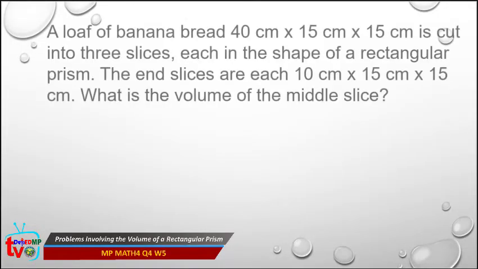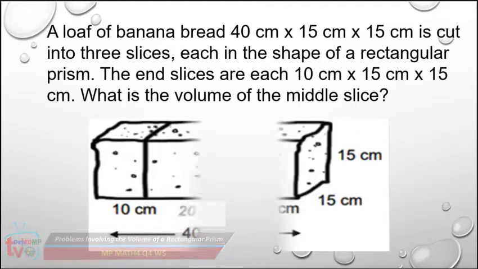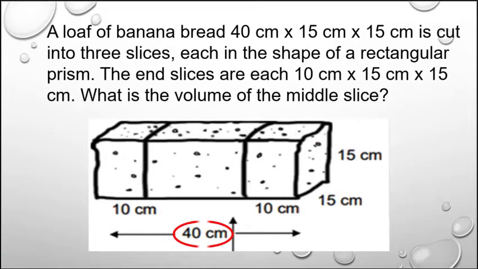Study this problem. A loaf of banana bread, which is 40 centimeters by 15 centimeters by 15 centimeters, is cut into 3 slices. 1, 2, 3, each in the shape of a rectangular prism.